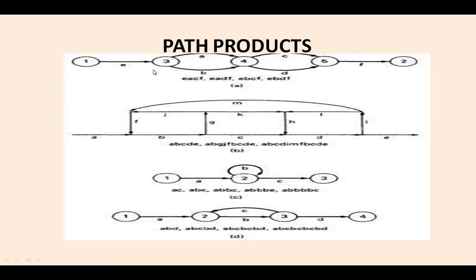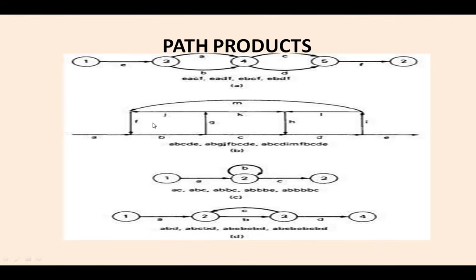E, A, C, F is one path, and E, A, D, F is another path, and one more, EBDF and EBCF. Like that, we have four path segments or path products in graph A.